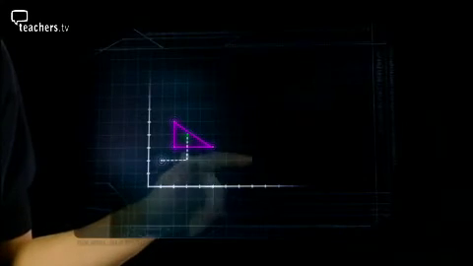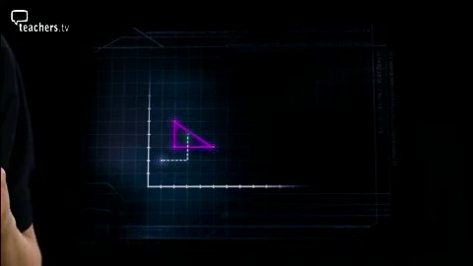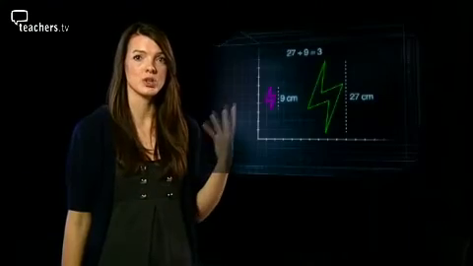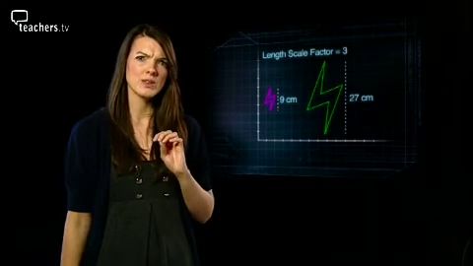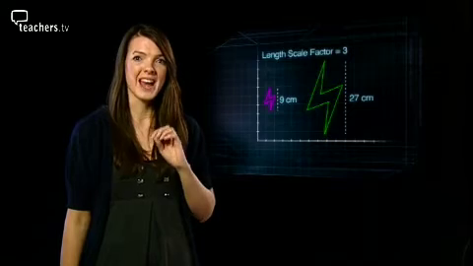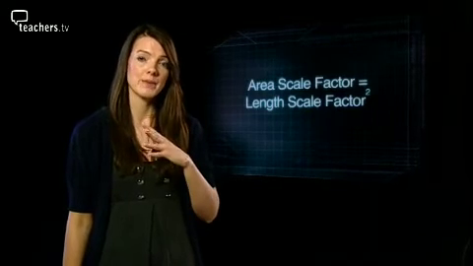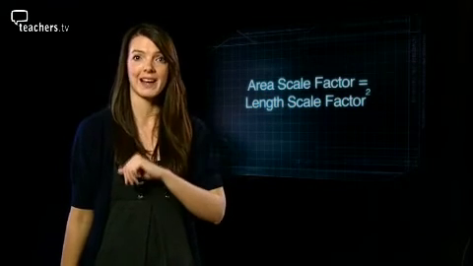You can use the counting squares method to help. You can find a scale factor by dividing the new size by the original size. If we know the scale factor for length, you can actually find the scale factor for area by simply squaring the length scale factor. And you can even extend this idea to volume, and that should help Dave solve his cake problem.